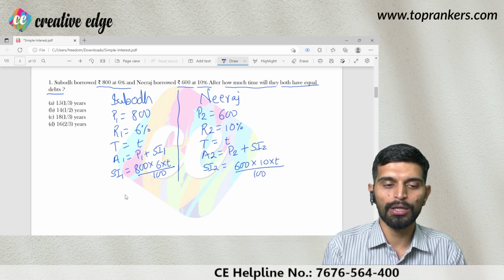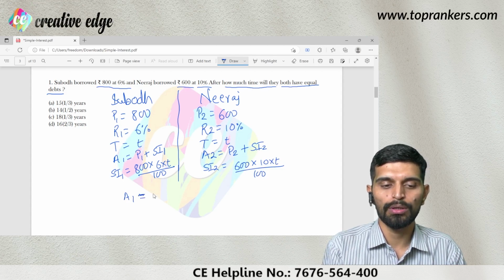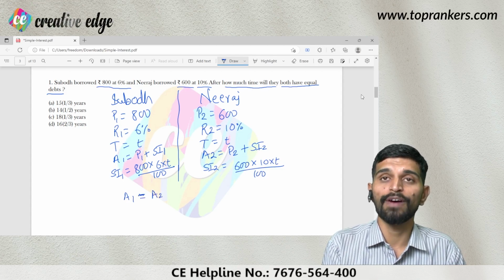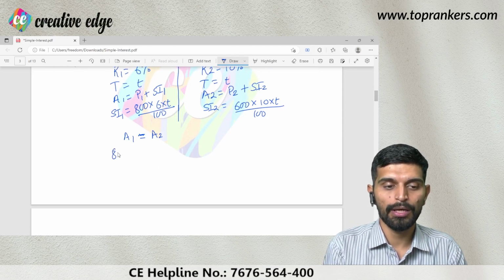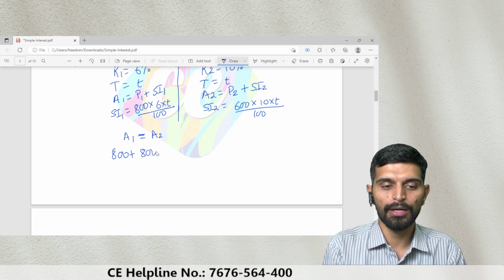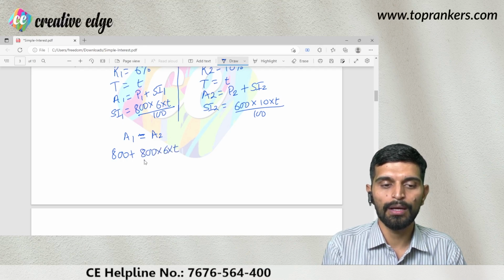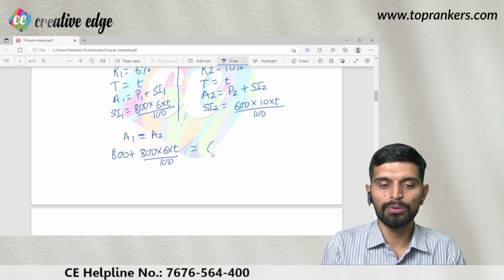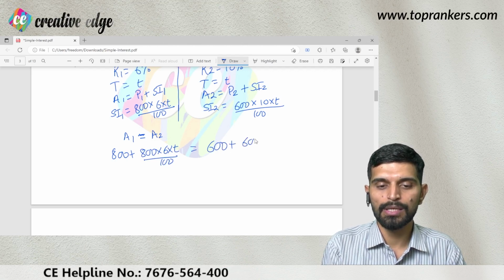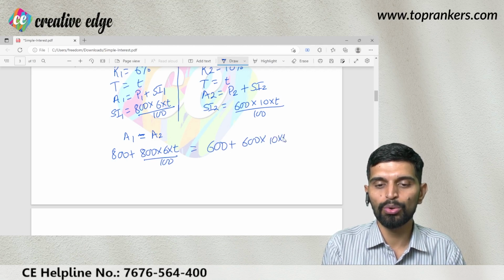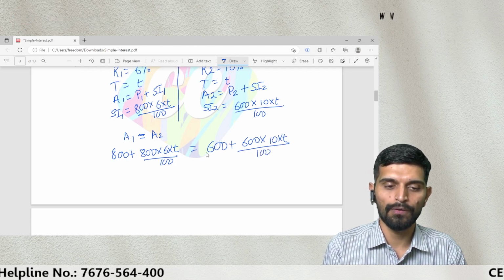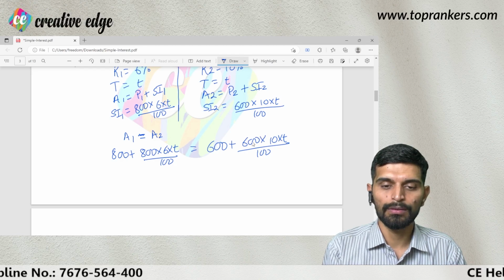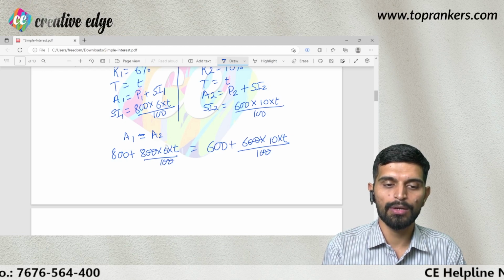And we need to equate A1 with A2, right? So let's substitute the values now. A1 is 800 plus 800 into 6 into T upon 100 is equal to 600 plus 600 into 10 into T upon 100. So now if we solve for it, here we'll have 6 into 10, 60, 8 into 6, 48.